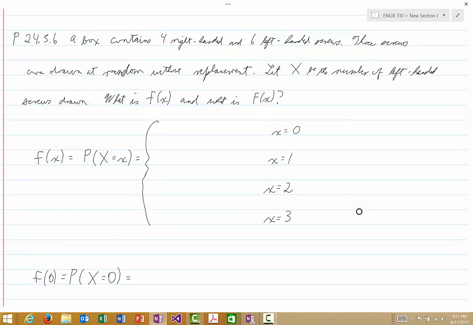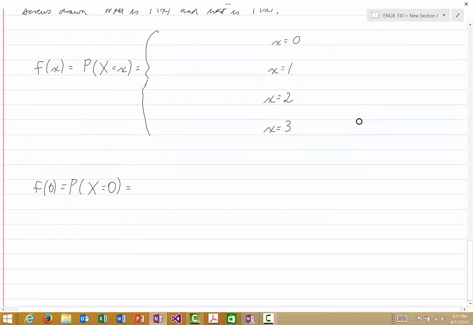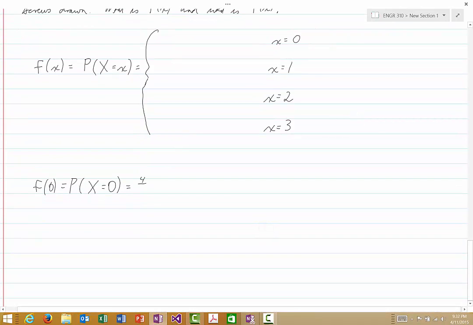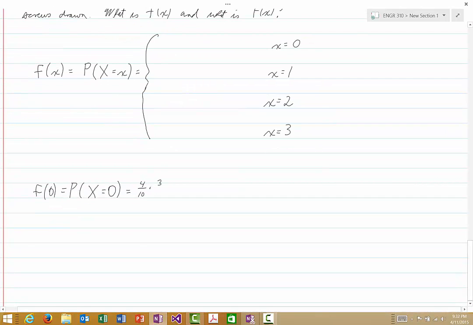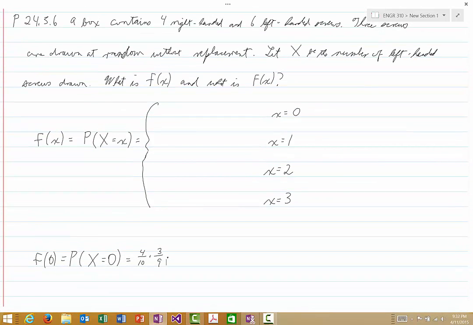And again, the only way that could happen is if all 3 of the screws drawn are right-handed. Now, the probability that the first one is right-handed is 4 out of 10. And then the probability that the second one would also be right-handed would be 3 out of 9, because if the first one drawn was right-handed, there would only be 3 left, and there would only be 9 total screws. And then the probability that the last one would also be right-handed would be 2 out of 8.